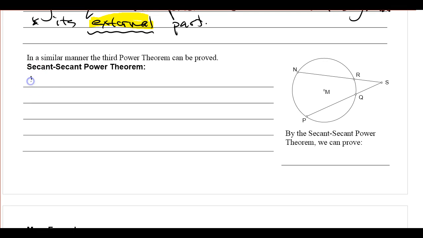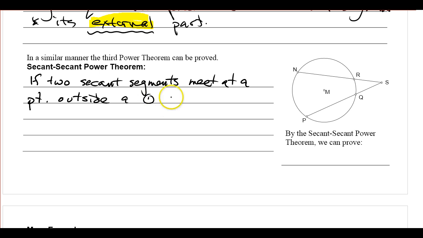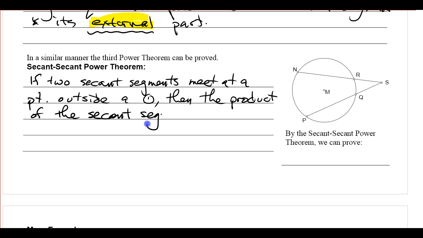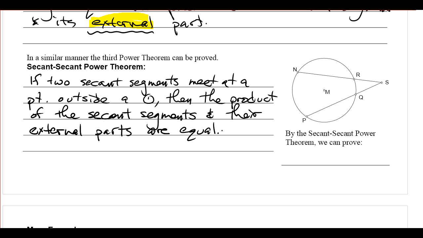And this one says, if two secant segments meet at a point outside a circle, then the product of the secant segments and their external parts are equal.